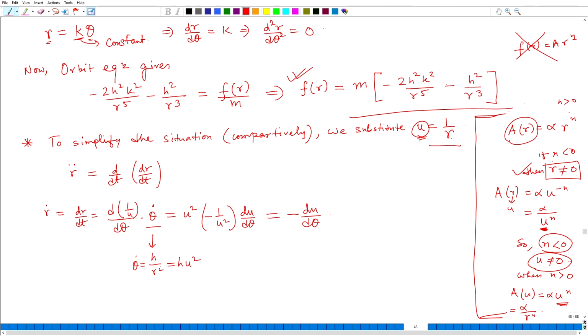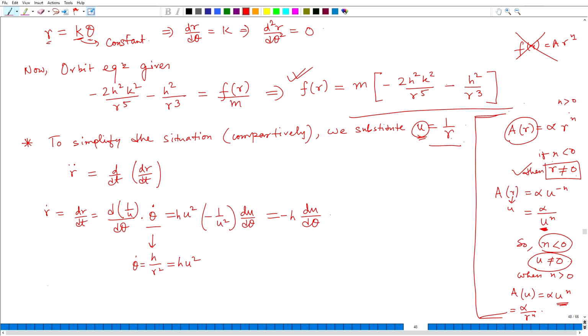So, theta dot is h u square. There is an h which is missing over here, and then here there will be another h. So, I just write properly minus h du d theta.